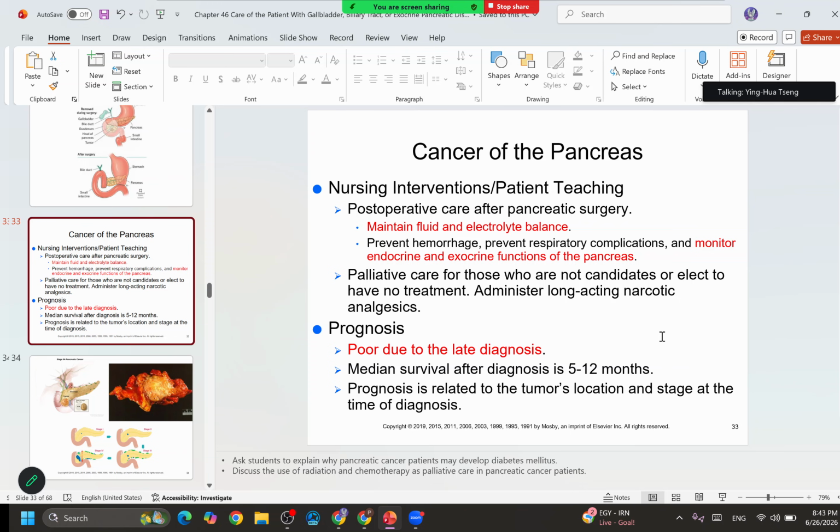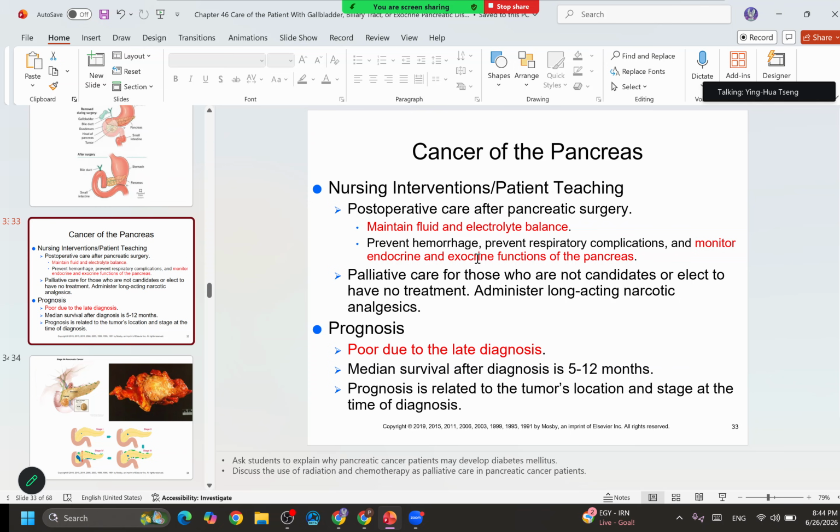That means what? When we do the surgery and there is cancer, it destroys some part of the pancreas already. So the pancreas is not releasing enough insulin and also not enough enzyme. Both are missing. Endocrine is insulin, and exocrine is enzyme. So the patient will need the diabetes nursing intervention, and before they eat food, I need to give 1 pack of the enzyme for them.